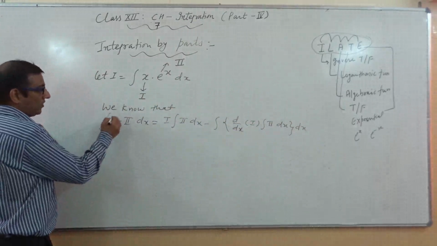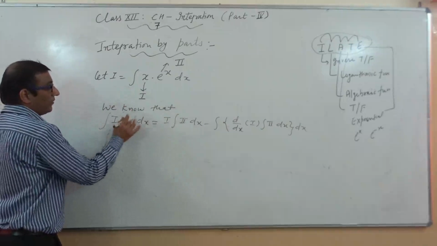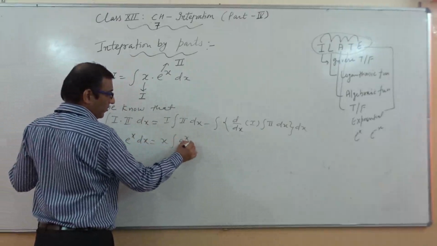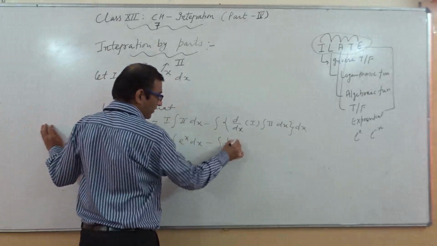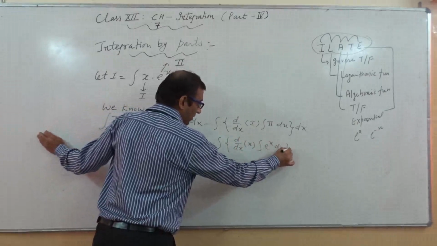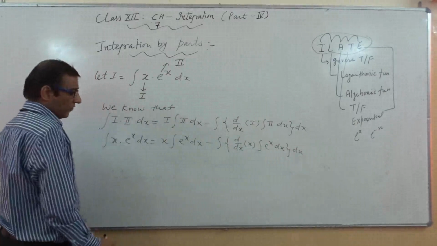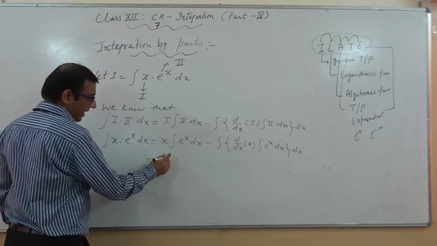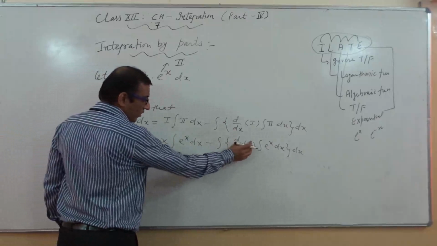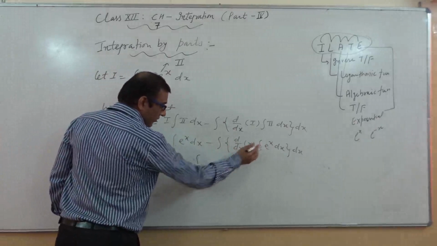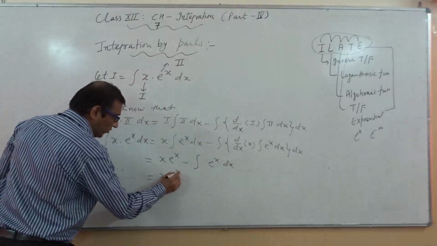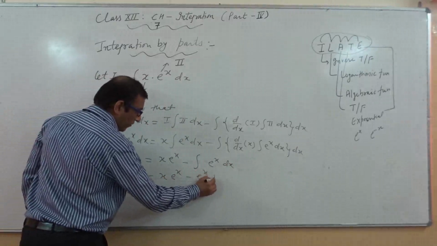Now we will put the value of the first function as x and the second function as e raised to the power x, so it can be written as x into e raised to the power x minus the integration of d/dx of x times the integration of the exponential function, into dx. After this, it can be written as x into e^x minus, d/dx of x is 1 and the integration of e^x is e^x, so it can be written as x into e raised to the power x minus e raised to the power x plus c.